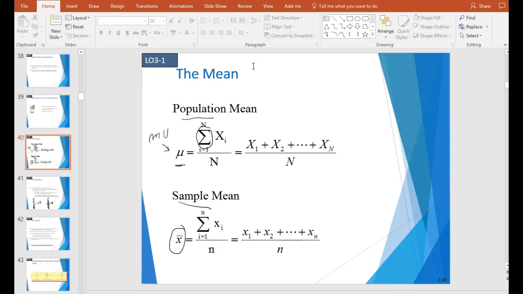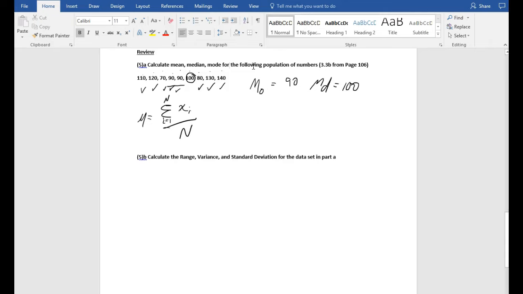That formula is right. In our case, that's the summation from i equals 1 through 9, the number of pieces of data, of x sub i all over 9.